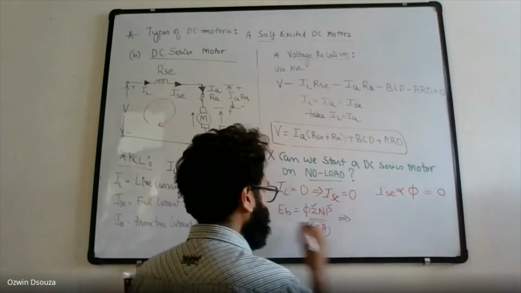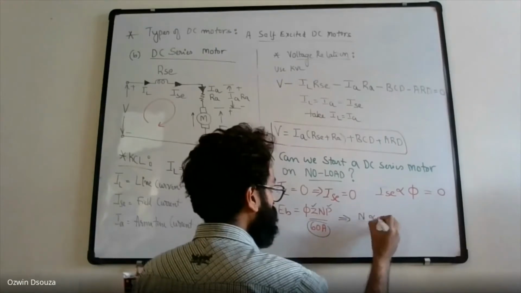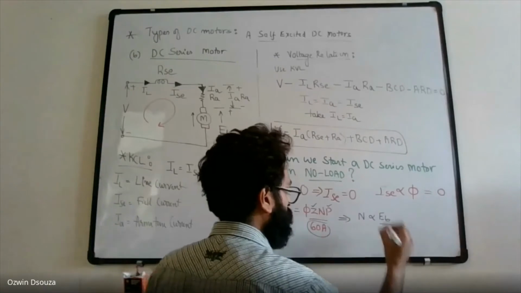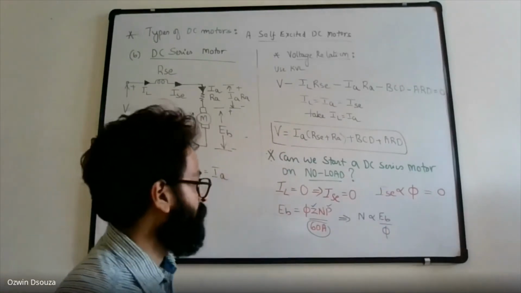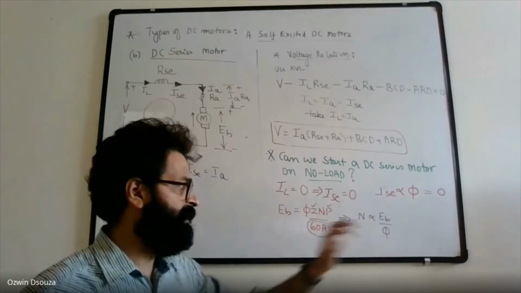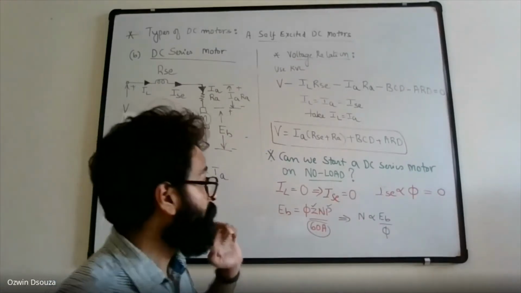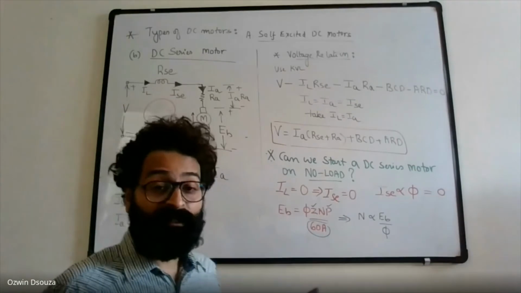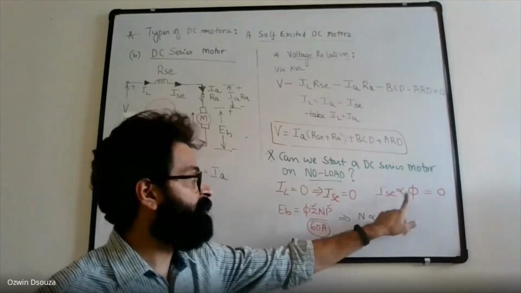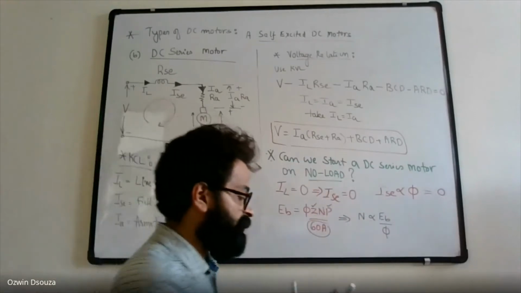So that means to say speed is directly proportional to back EMF and inversely proportional to flux. Right. So from the back EMF relation, you can say that speed is directly proportional to back EMF and inversely proportional to flux. Now, we have started this DC series motor on no load, due to which the field current has become zero, due to which the flux also has become zero.